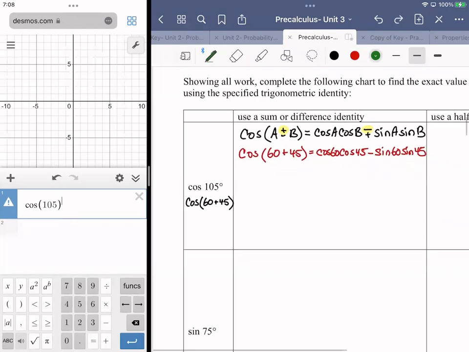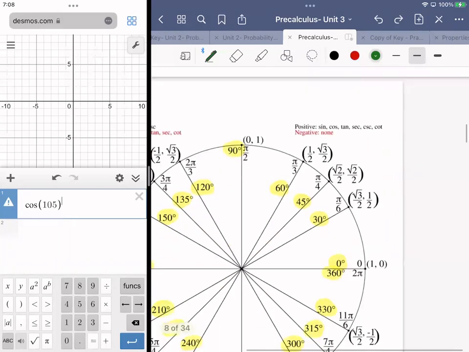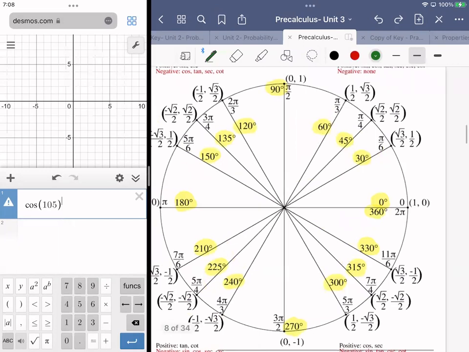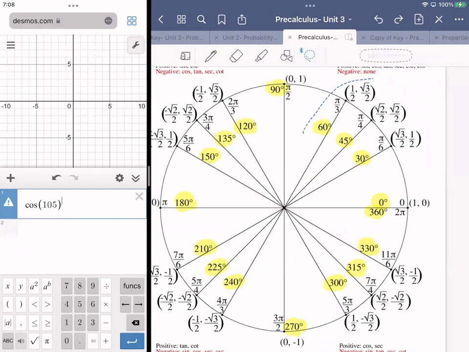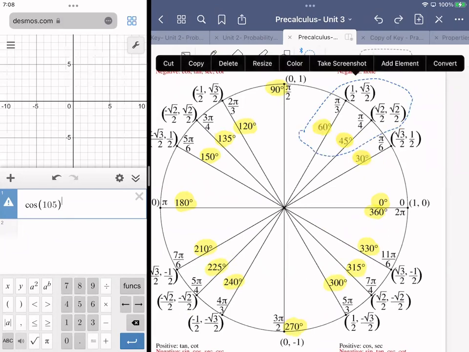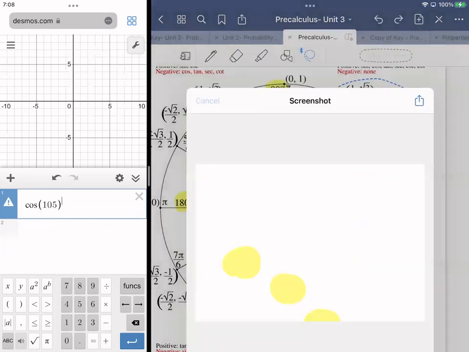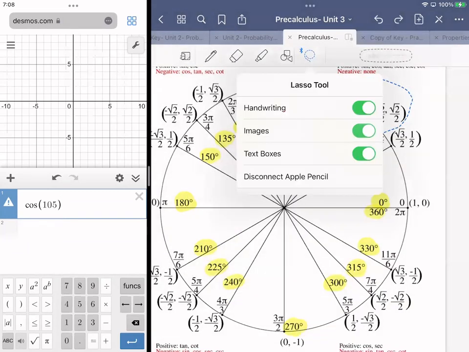So if we go down here and look at our circle, the relevant angles are 60 and 45. Let's see if I can, no, would have been nice. Oh, I didn't put image on.